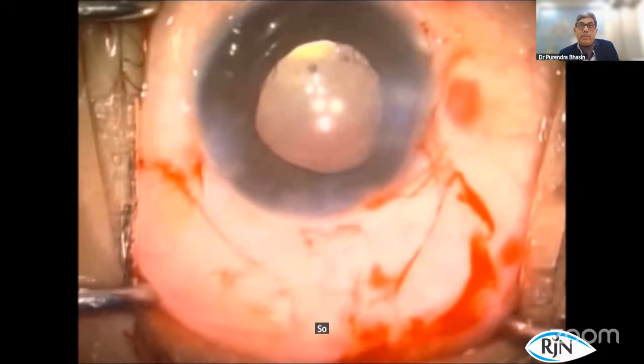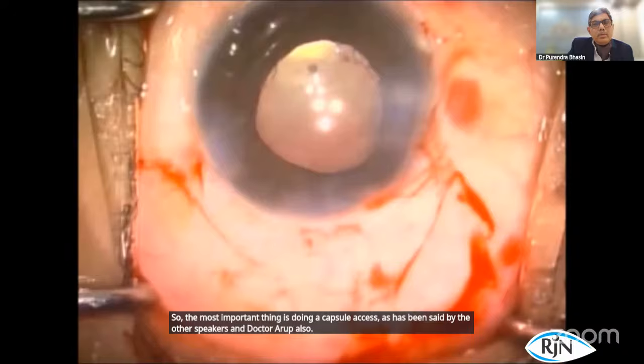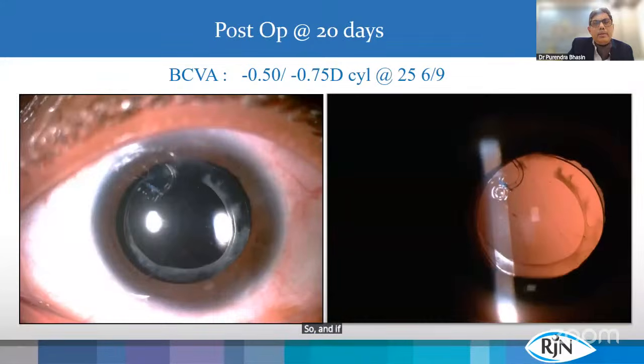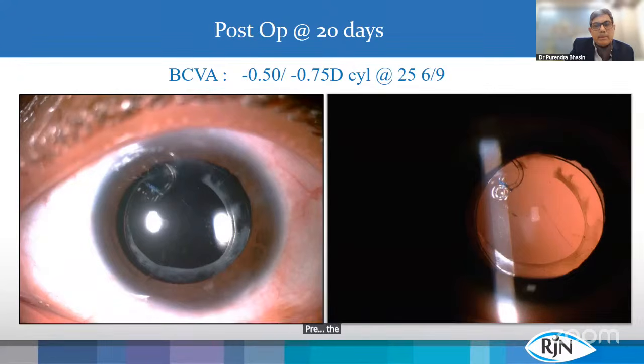The most important thing is doing a good capsulotomy, as has been said by the other speakers and Dr. Arup also. If we can do it with the Zepto or with the laser, it becomes easy for us to manage these cases. This is the post-operative picture of the same patient.